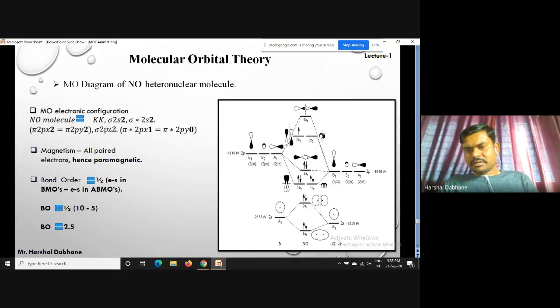That's why we are going to write down the orbitals like this. These are the 2p orbitals of nitrogen and these are the 2p orbitals of the oxygen atom. Some of you may think about how to write this down. Just write it down by your own consideration.